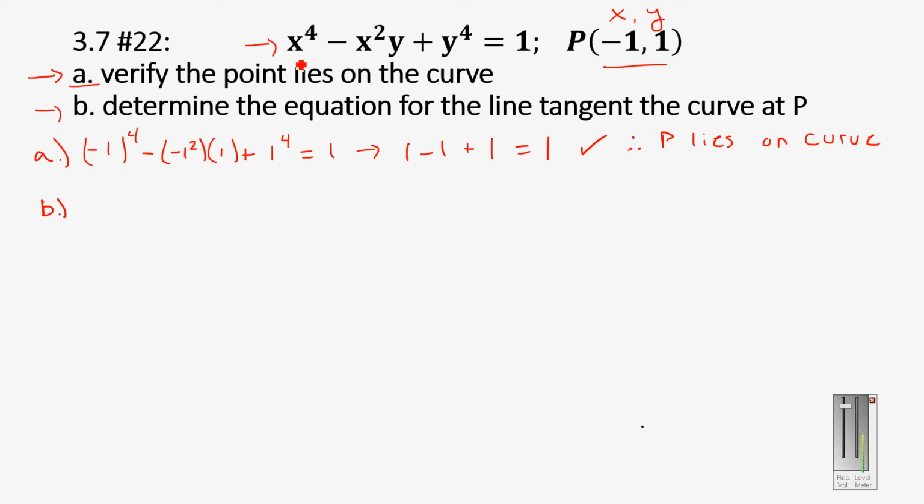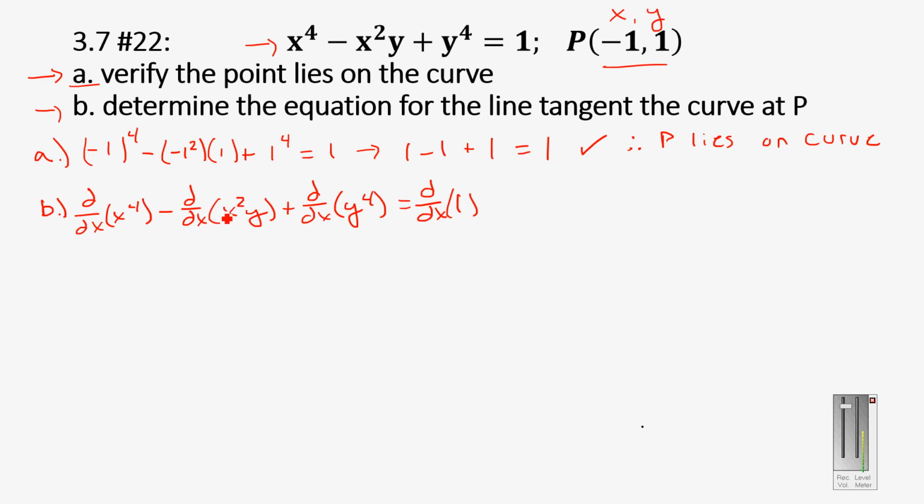Because this has x's and y's in it, we need to do implicit differentiation, which means we need to take the derivative of x to the fourth minus the derivative of x squared y plus the derivative of y to the fourth equals the derivative of the whole thing, of 1.